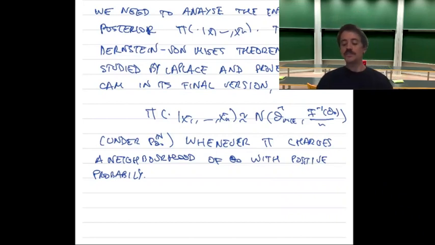We have this normal distribution on the right-hand side, which is an approximation to the posterior, but the normal distribution is random, because it is centered at a random point, random through the data. That makes sense because the posterior is random, depending on the data. So if you fix the data, you retrieve a normal distribution. If you don't fix the data, you still do, but it will be shifting.